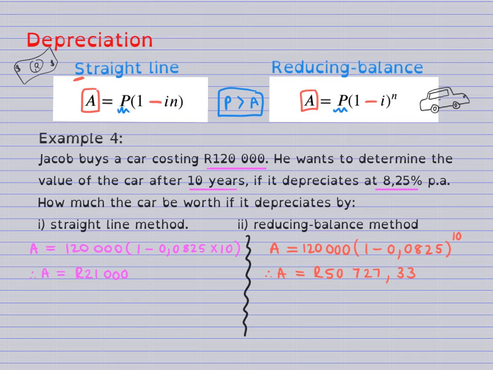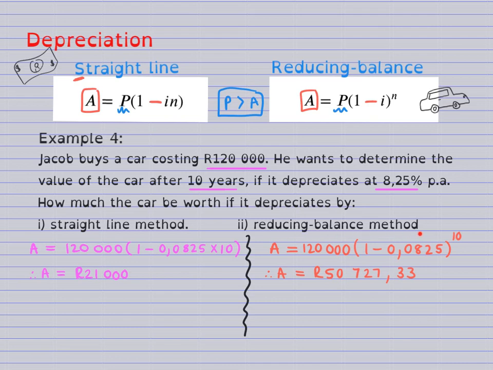So we see that with the straight line method, you should realize that this is going to get to a point where it has no value. We're going to start getting to negative rands after just a couple of years, after 10 years. So when you're using a straight line method, your piece of equipment, whatever, can get to the point where it's worth 0 Rand.